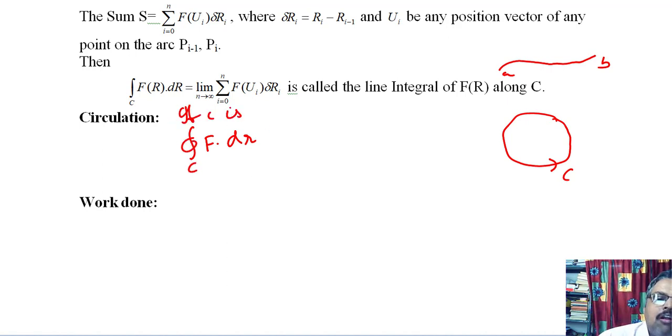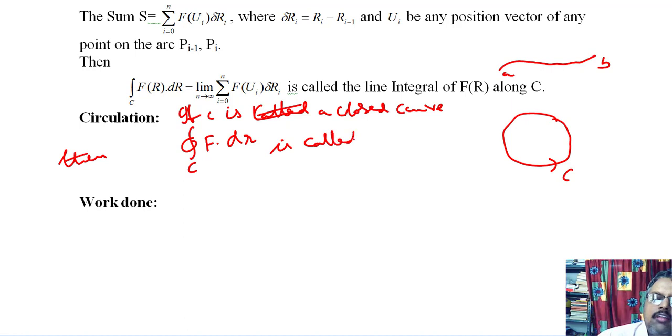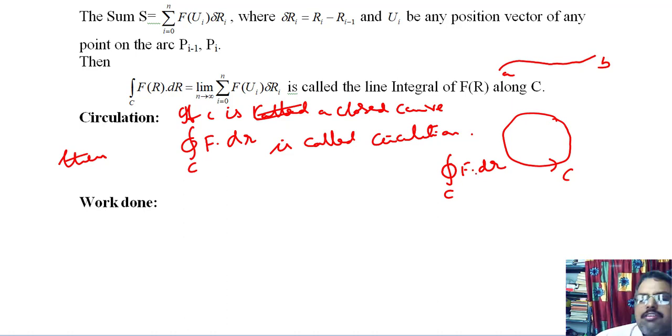If C is a closed curve, then this integral is called circulation. Circulation is nothing but the integral of f dot dr along the closed curve. It is read as the integral of f dot dr along the closed curve C, or circulation C.